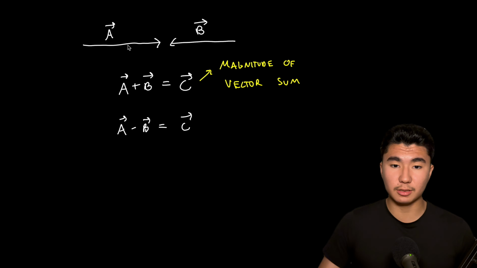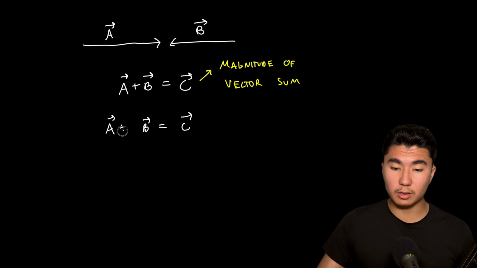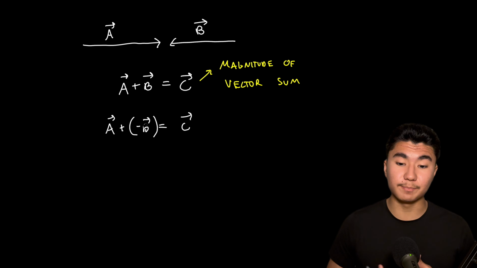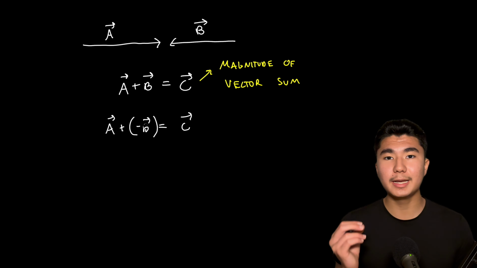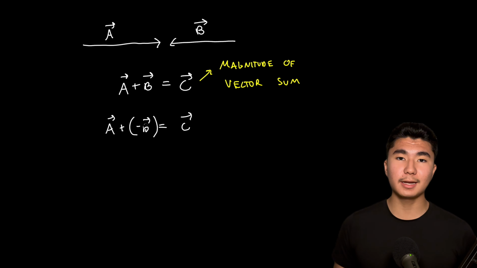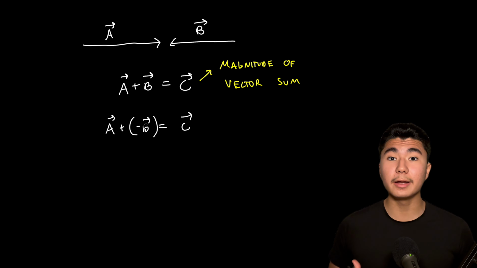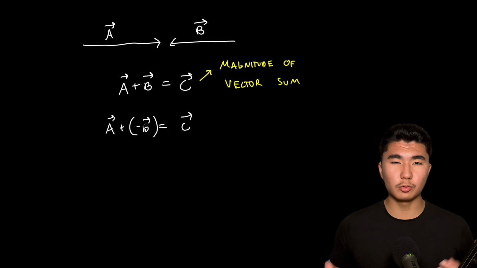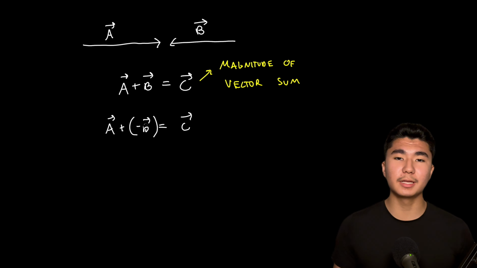You could also write it this way, which basically shows that vector b is in a different direction. That is why we have a negative sign beside it. That is the only part of direction you need to understand: if it's in an opposite direction, we put a negative sign.